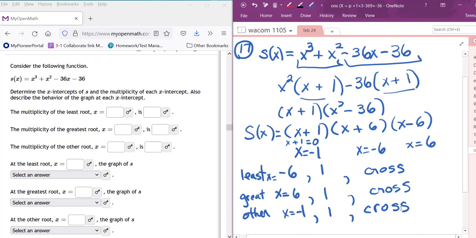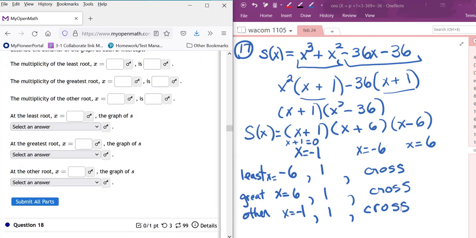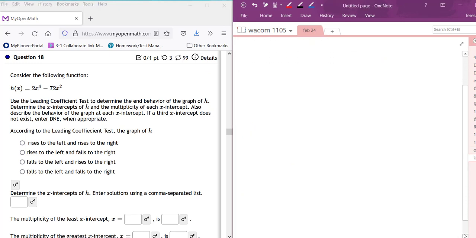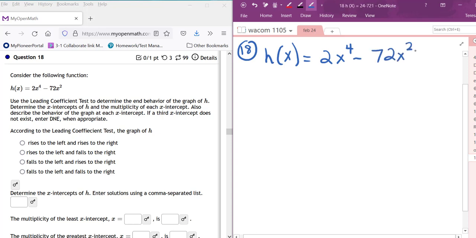And I did pick 18. And they say, use the leading coefficient test to determine the end behavior of the graph.